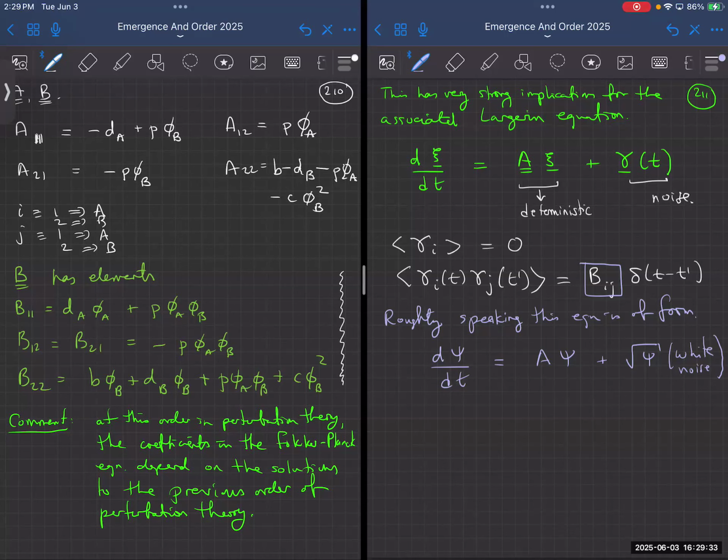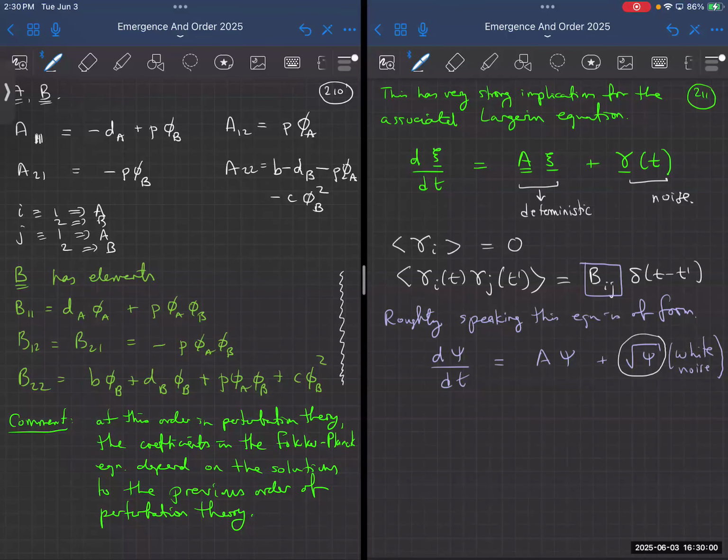So the B, remember, is linear in the phi's. So if I then work out what the noise itself is, it's going to be the square root of that. And so what we've got here is, if psi is the density, then we have the noise multiplied by the square root of the density. And so what happens is, if the numbers go to 0, then this equation will stop working.